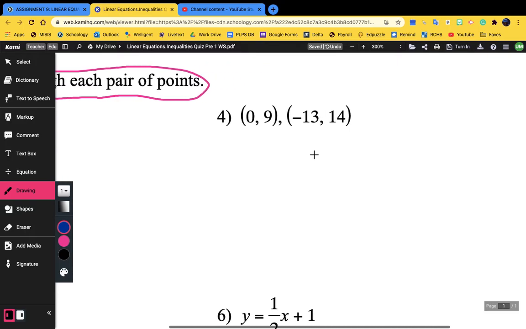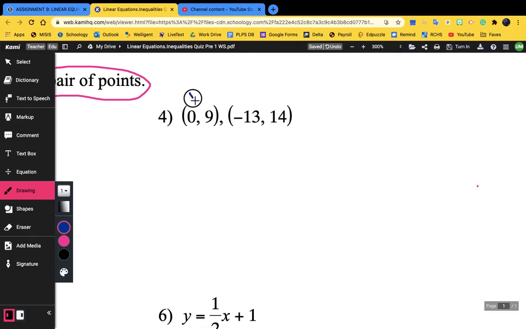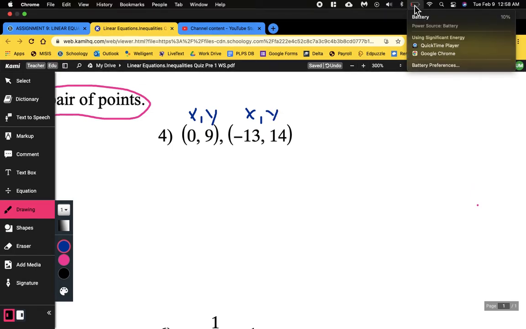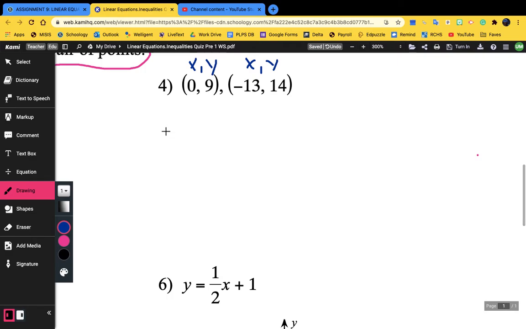So let's do number 4, the same thing. Let's identify our x's and our y's, right? We're good still.